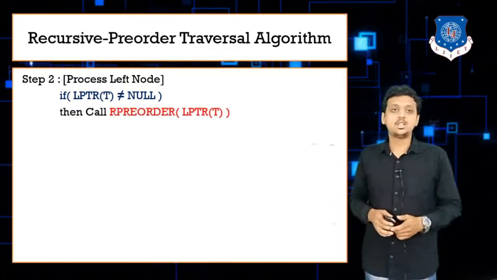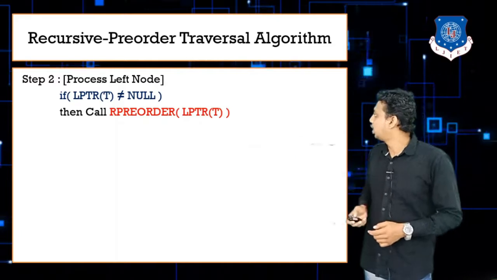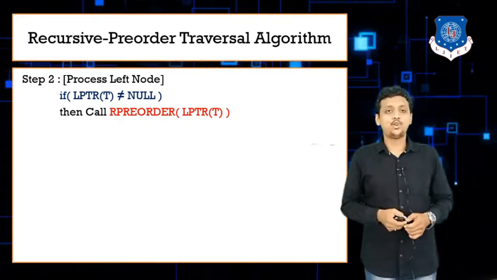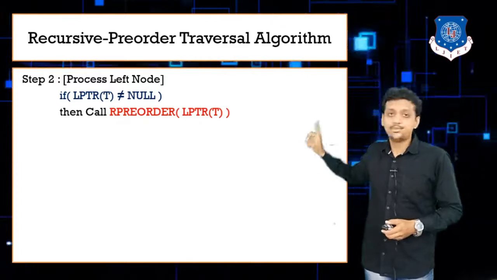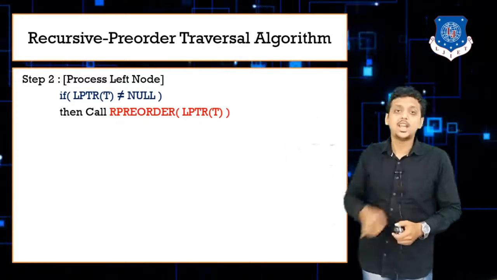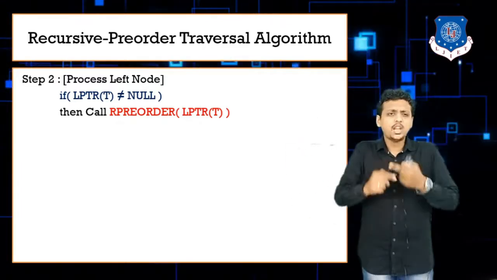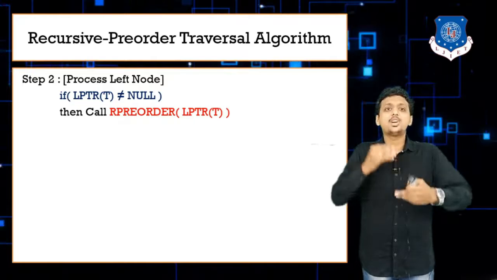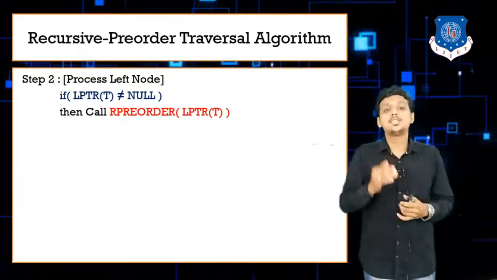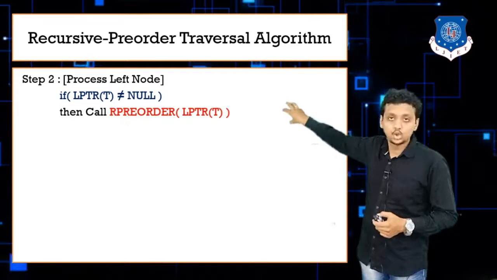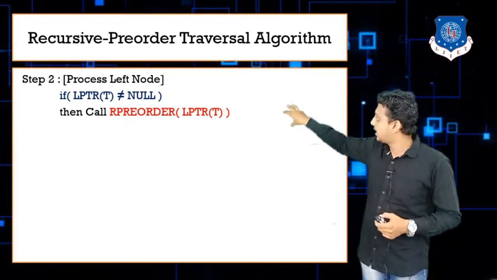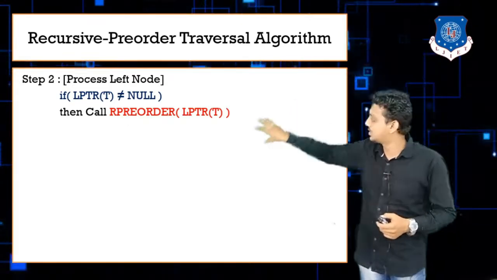Then you just need to call R pre-order of LPTR of T. Here I am just calling the function again for LPTR of T. So what happens over there? This is function recursion. See, first I am calling for the root node. After writing the data, I move towards the left side.